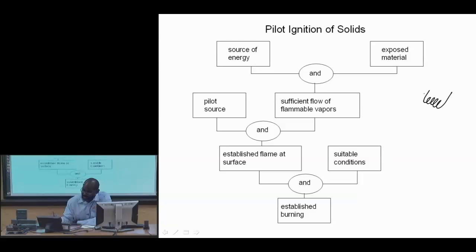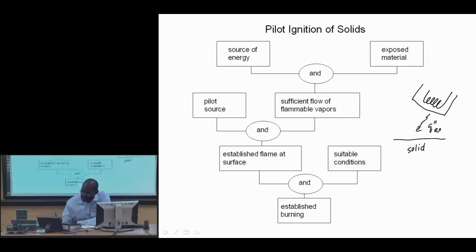So imagine that you had this radiant panel that's incident on some solid material. There is, for example, a radiative heat flux on the solid material. So we have a source of energy, we have an exposed material.